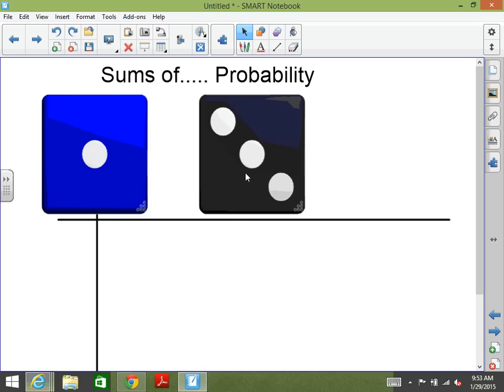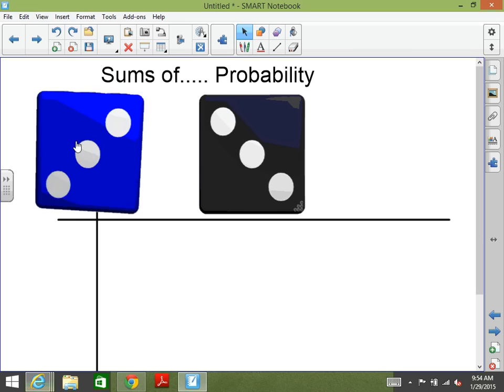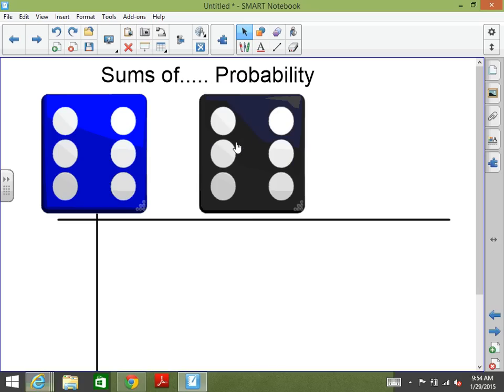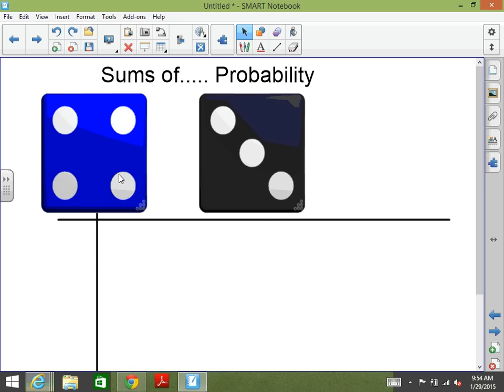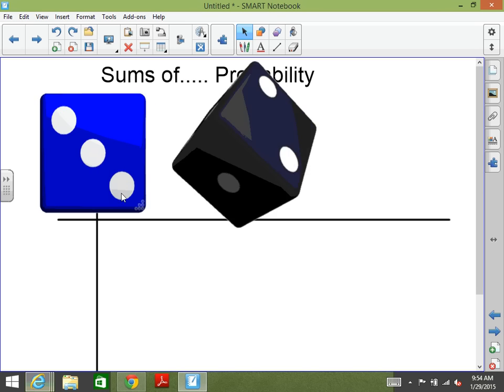Here's my question: what is the probability of rolling two number cubes to get a sum of 4? That means how many times can I roll this first cube, roll this second cube, and add the numbers together and get 4? I don't know. I can't tell you that. I mean, I can sit here and keep tapping and see how many times I get 4. That would take me forever, though, wouldn't it?